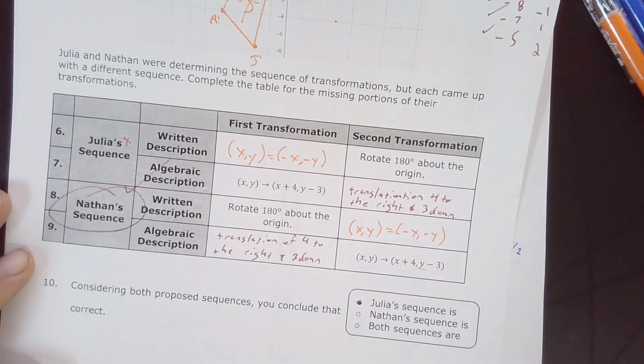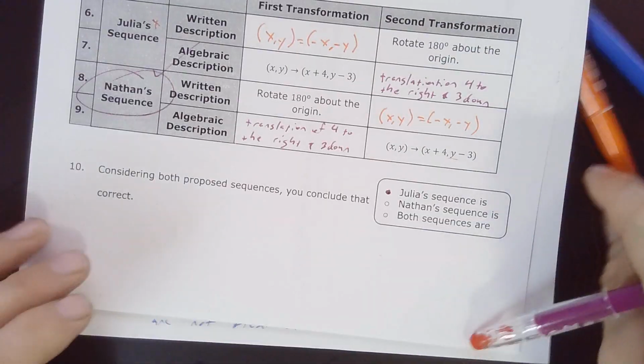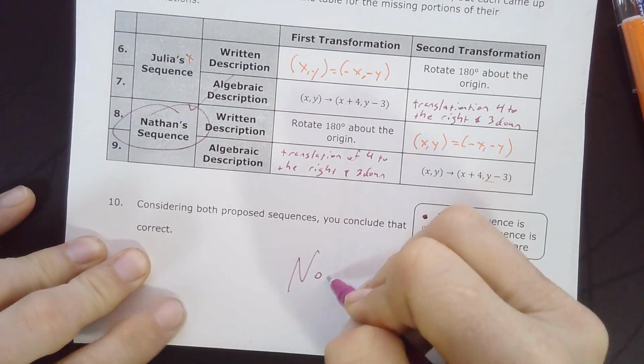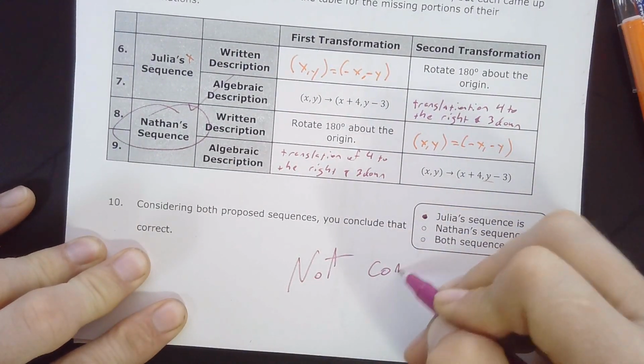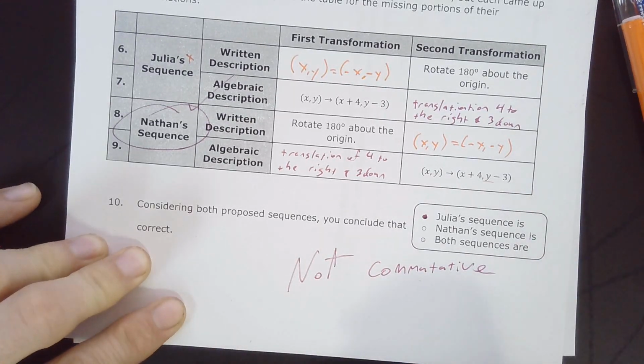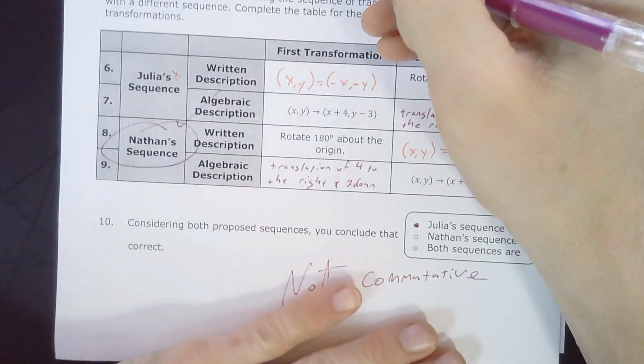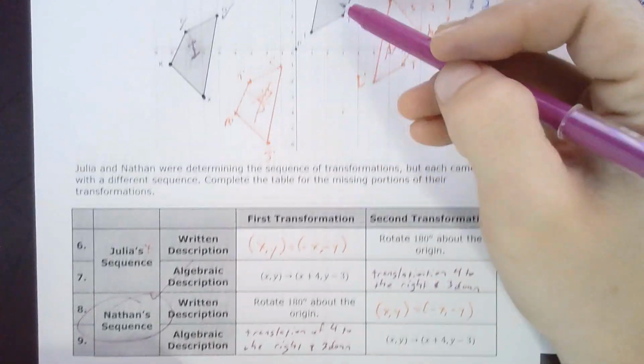So there you go. So you can't presume things. They're not commutative. Because Julia's sequence was incorrect.